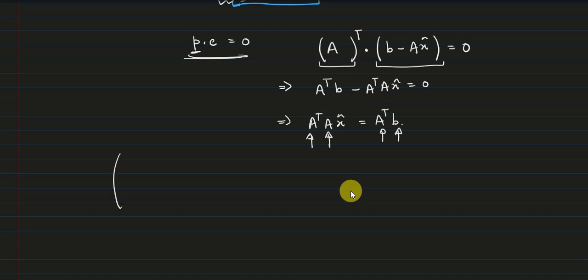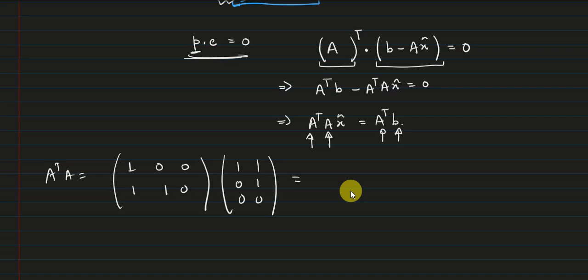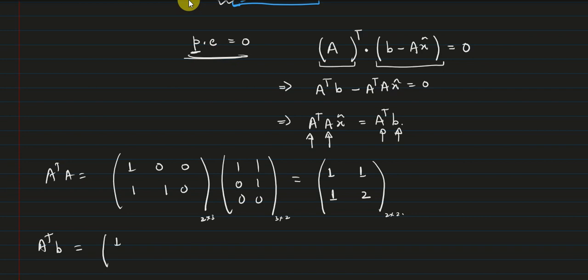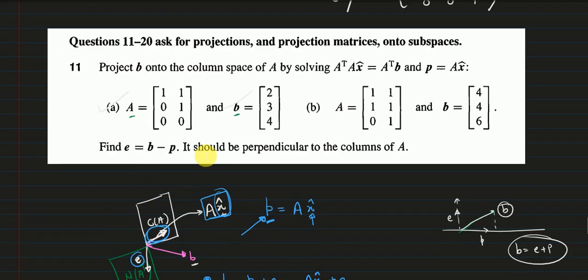So 1 0 0 and 1 1 0 is the A transpose, and 1 0 0 1 1 0. So you can do the simple multiplication. Now let's find this A transpose B. So A transpose is 1 0 0 and 1 1 0, and B is given in the question, that is 2 3 4, right?